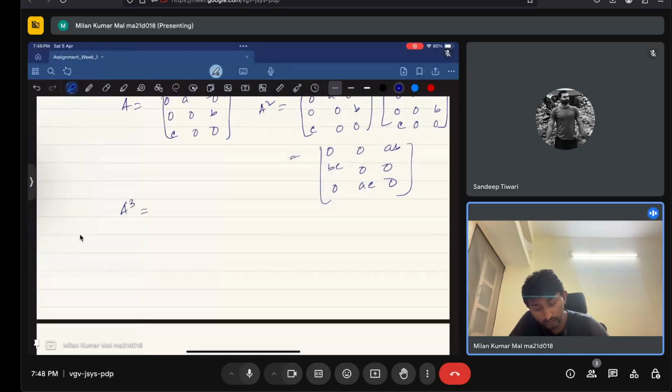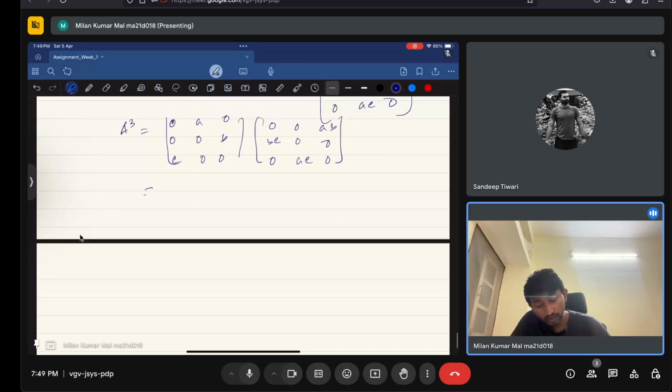A cube equals A square times A. If you multiply, the first term is abc, the second term is 0, the third term is 0, this is 0, this is abc, this is 0.